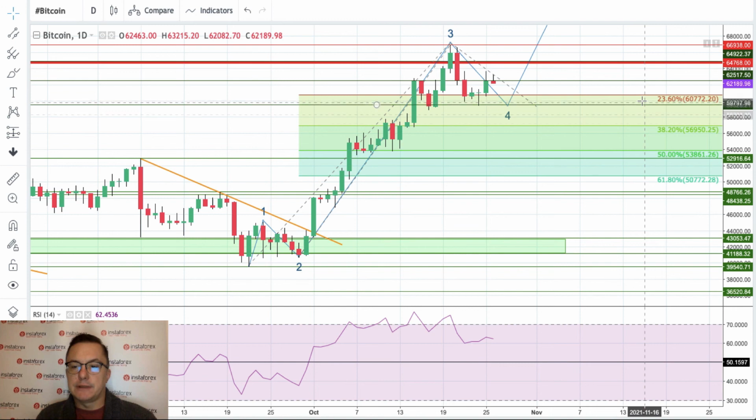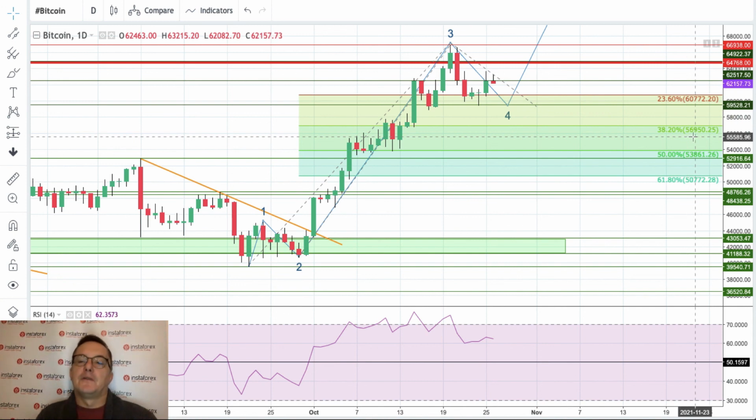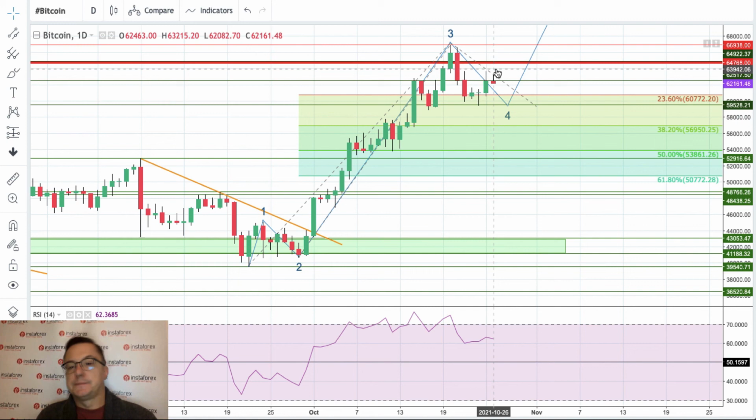Maybe we will retrace a little bit longer towards 38%, which is at $56,950 for one Bitcoin, of course. So pretty interesting situation, but no decisive, no important breakout yet in wave 4. So we need to wait for another clue after wave 4 is completed.